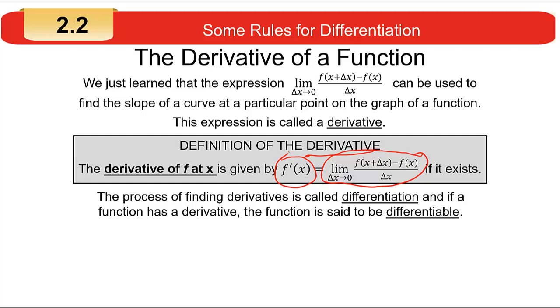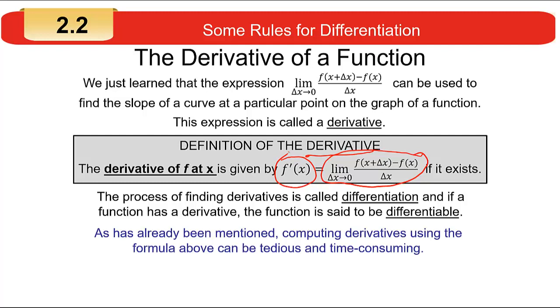It's called differentiation. And if a function has a derivative, we say that that function is differentiable. So you're building your vocabulary now. Derivative gives you the slope of the tangent line to a curve. The process of finding a derivative is called differentiation. And if a function has a derivative, it's said to be differentiable. We'll be using that terminology from now on.